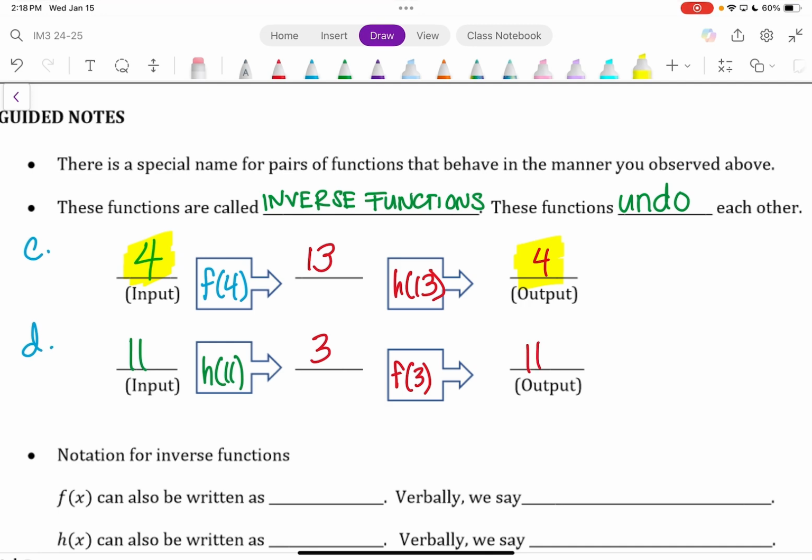It gave us back 11, which is what we started with. So 11 spits out 11. Okay? This goes back to that idea of your first input being the same as your very last output. All right, when those things happen, that's a case of inverse functions.